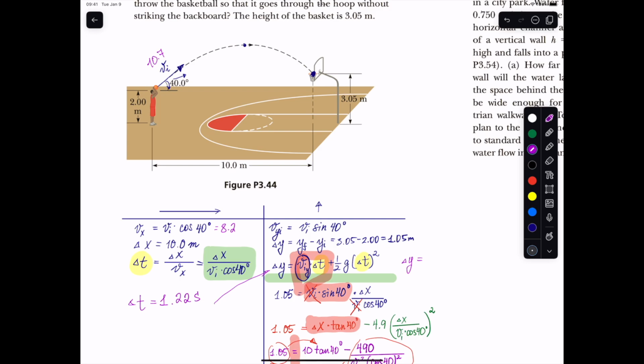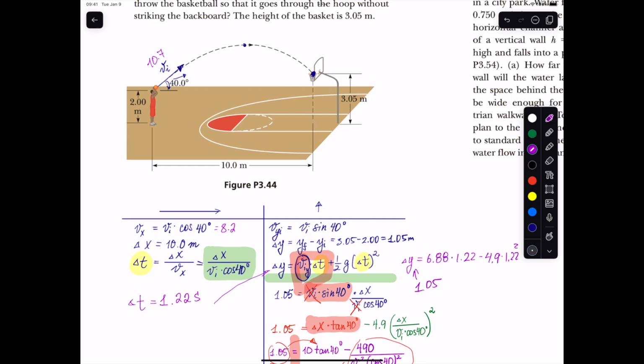So V initial sine of 40, what did we get, 10.7 sine of 40, so that's 6.88. 6.88 times my time of 1.22 minus 4.9 times 1.22 squared. If this turns out to be 1.05, well, that's money.